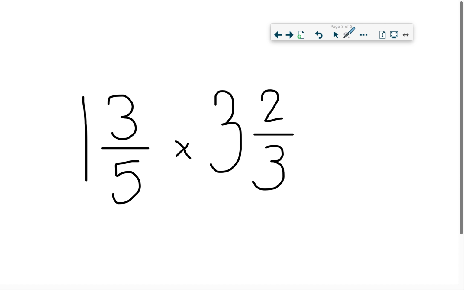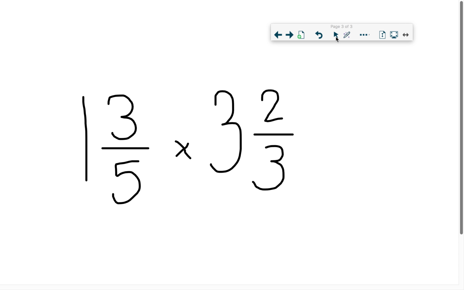So here I've got 1 3/5 and 3 2/3. And so here I can't multiply these mixed numbers. So my first step is going to be to change these mixed numbers into improper fractions.